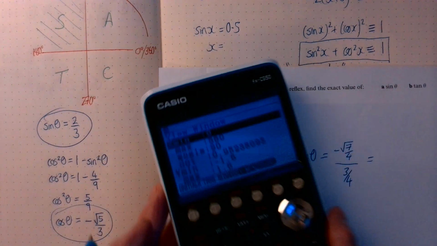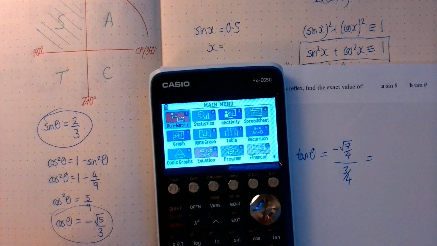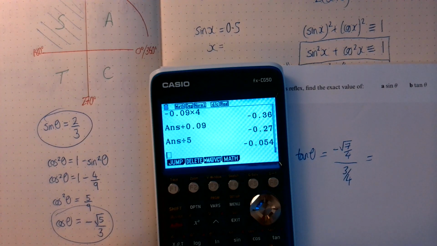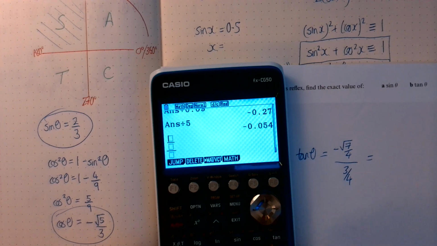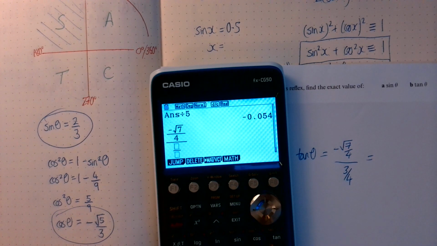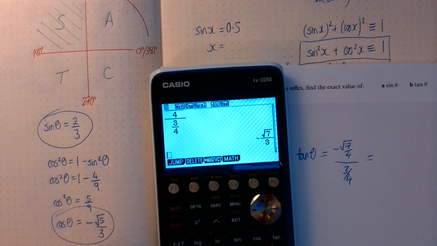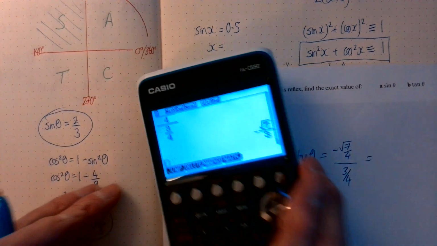And this time I'll just use my calculator. I'm going to hit the fraction button, hit it again, minus root 7 over 4, hit the fraction button again, 3 over 4, minus root 7 over 3.